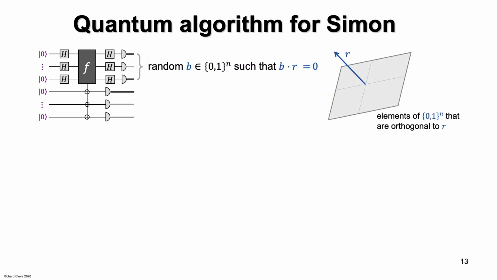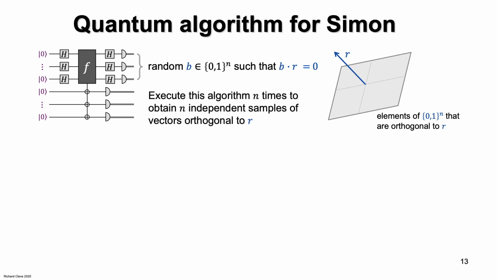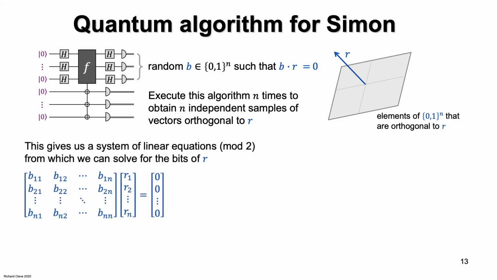What we can do now is repeat this whole process n times. Each time, we get another independent random sample from the space of all strings that are orthogonal to r. That costs n queries to the function f. Now, r is a solution to this system of linear equations where each row is one of the random strings b that we get from one of the runs.